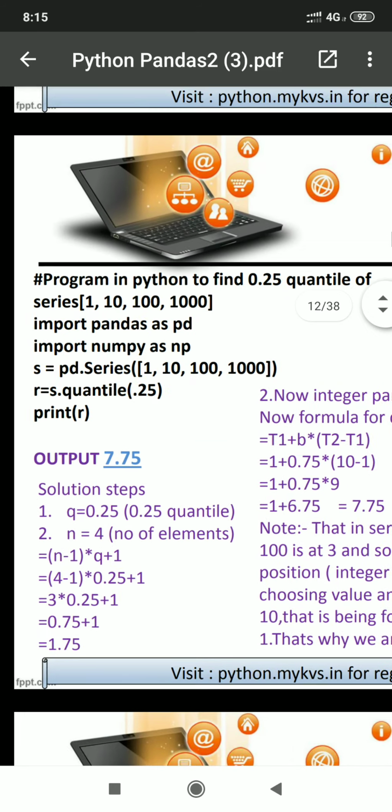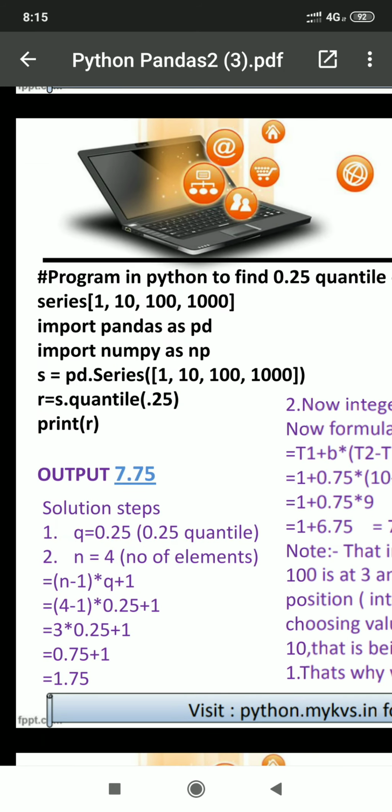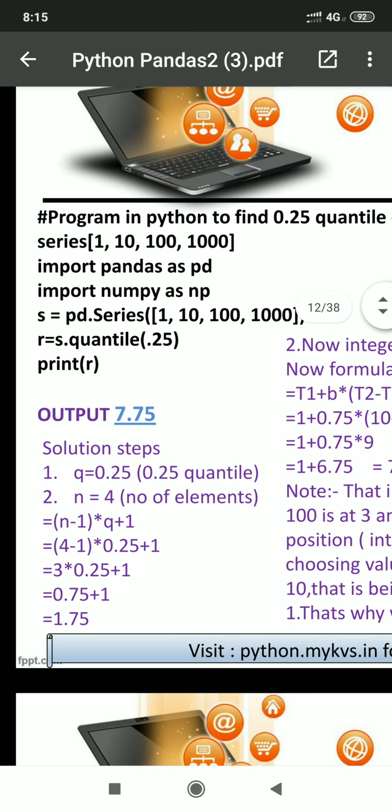Okay, look at this example. It is very easy to find out the quantile with the help of a pandas data frame or series object. We have to pass the values inside a list, create a series, and apply the quantile method.